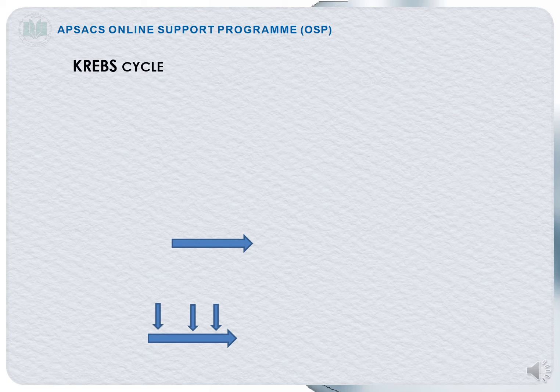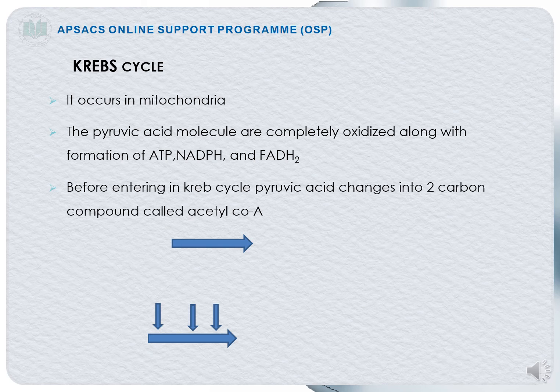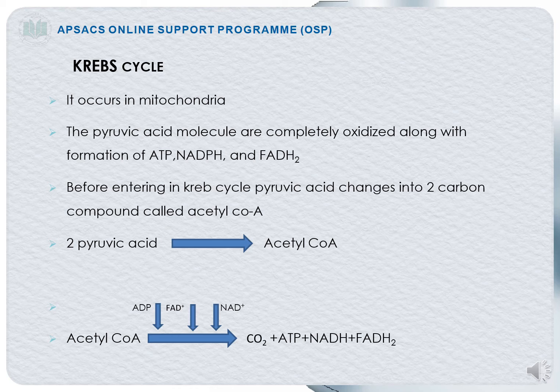Second is the Krebs cycle. As the 2 pyruvic acid molecules have been formed in glycolysis, now they will enter the Krebs cycle. But before entering the Krebs cycle, they have to be changed into acetyl coenzyme A. When it is changed into acetyl coenzyme A, it gives us carbon dioxide, ATP, NADH, and FADH2. Students, the Krebs cycle is the process that occurs in mitochondria, and the pyruvic acid molecules are completely oxidized along with the formation of ATP, NADH and FADH2.